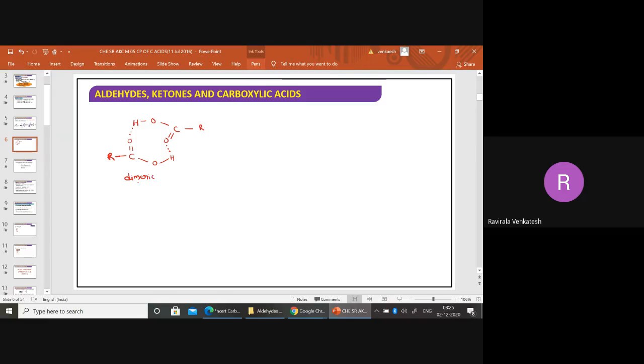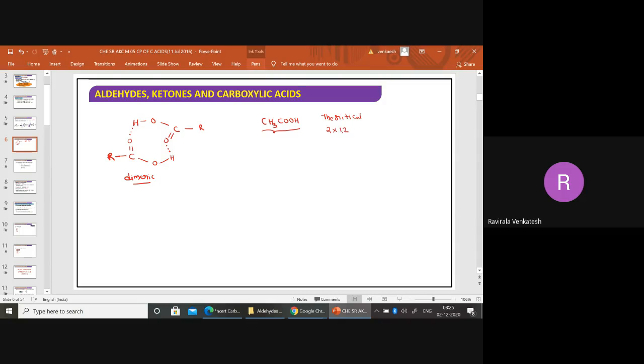Here you get an important question actually. What is the molecular weight of acetic acid? Theoretically, what will be the molecular weight? How many carbons are there? 2 carbons, and each carbon carries 12 as atomic mass.